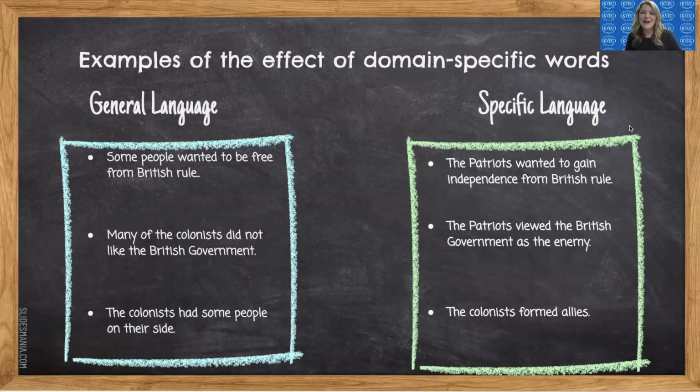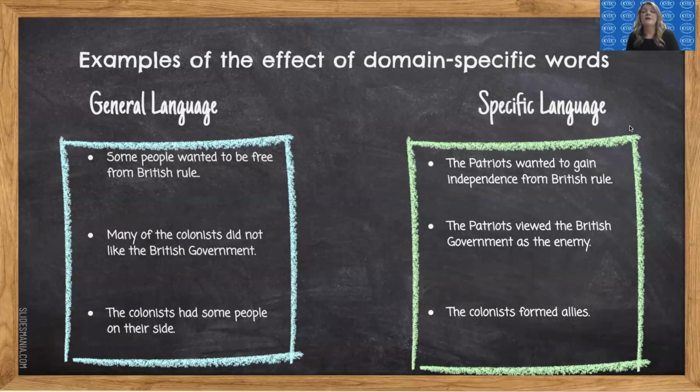After you have background knowledge, and you have your structure of the sentence, and have them thinking like the experts, and you're using those prompts, you want to have them start writing sentences. We want them to use specific language over general language. This is why we look at these examples on the screen of how that impacts their writing, because overall we want them to sound authoritative in their writing.